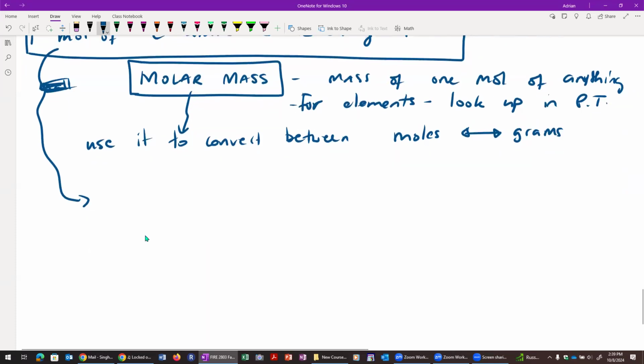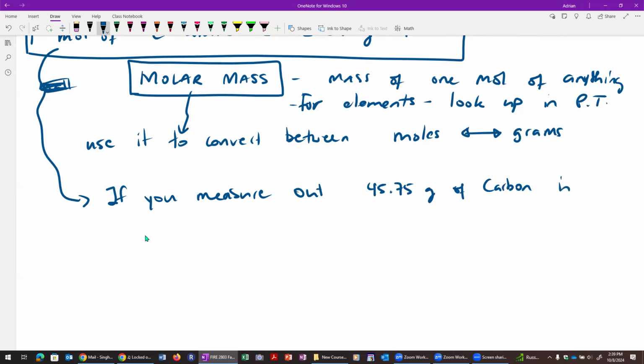So if you're given, let's say you measure out 45.75 grams of carbon in the lab.